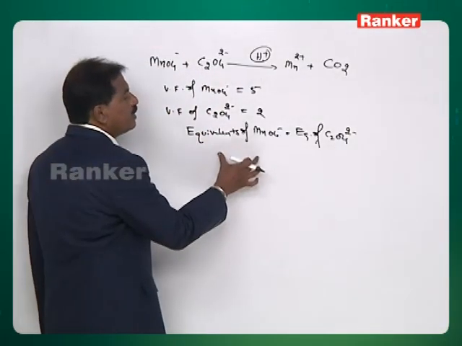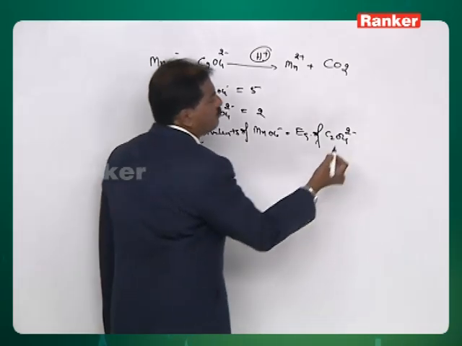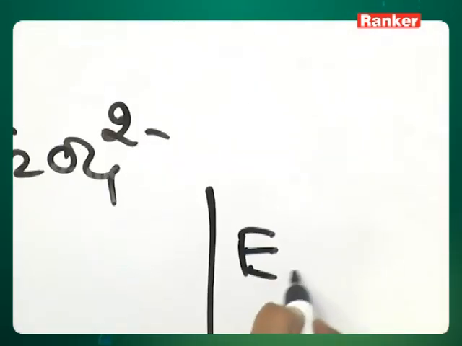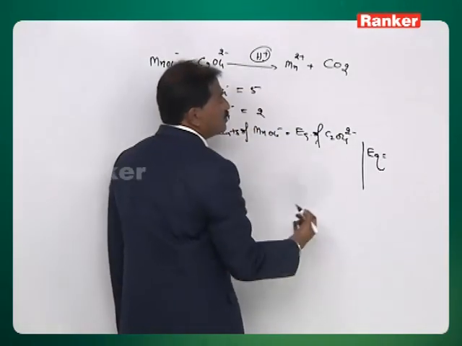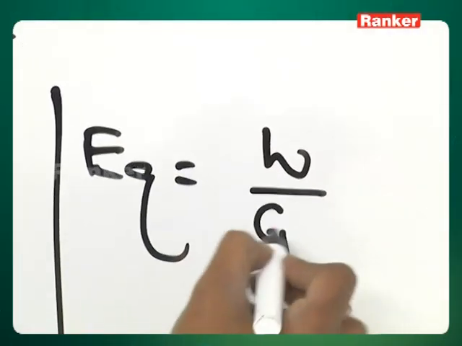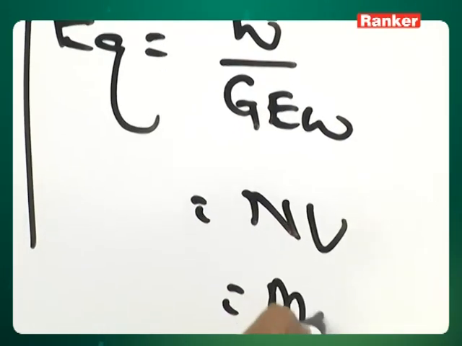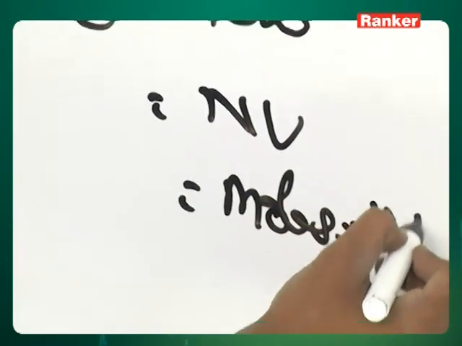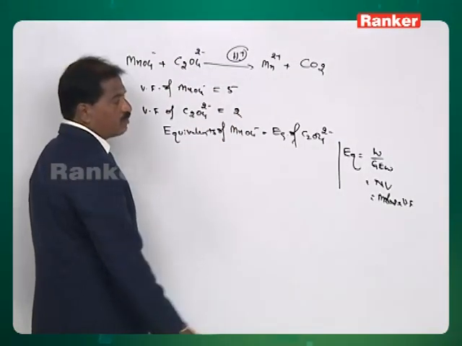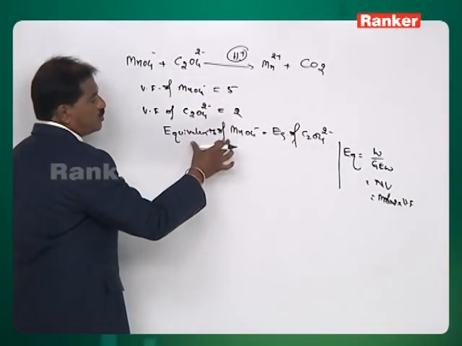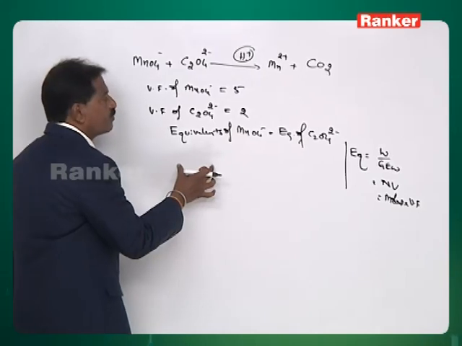For equivalence we can use any suitable formula. For example, equivalence means weight by gram equivalent weight, or normality into volume, or moles into valency factor.